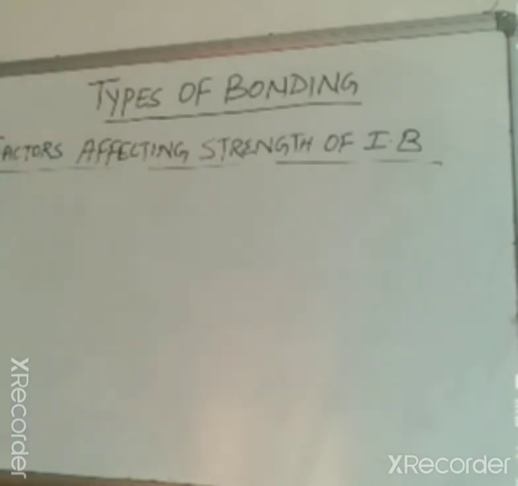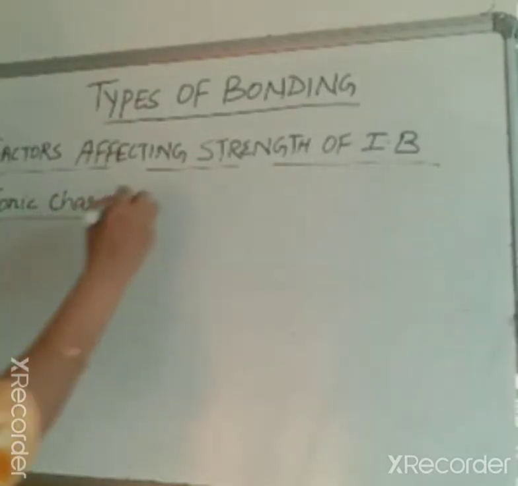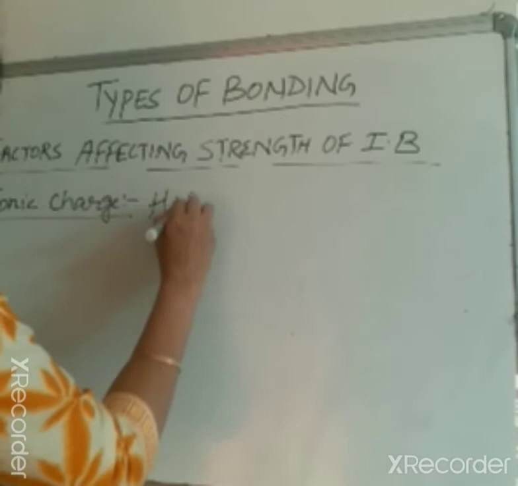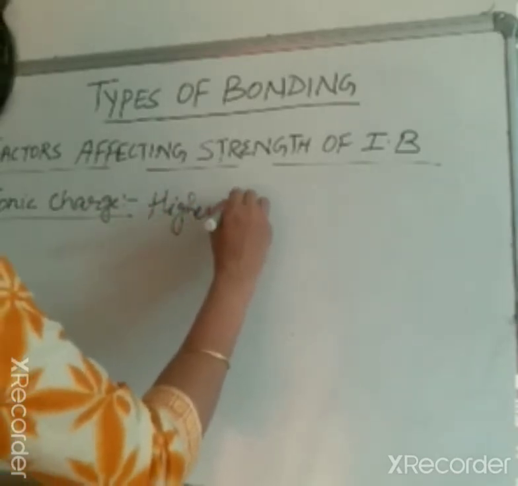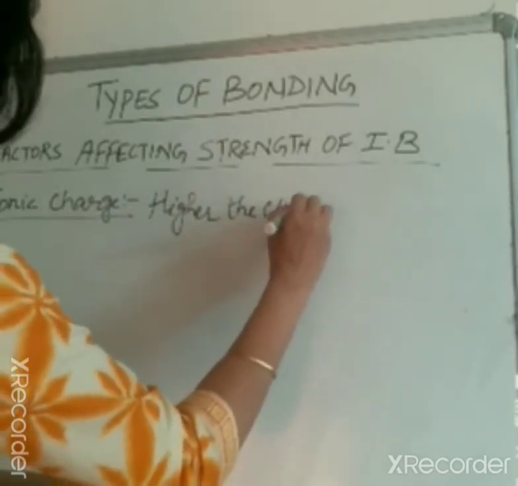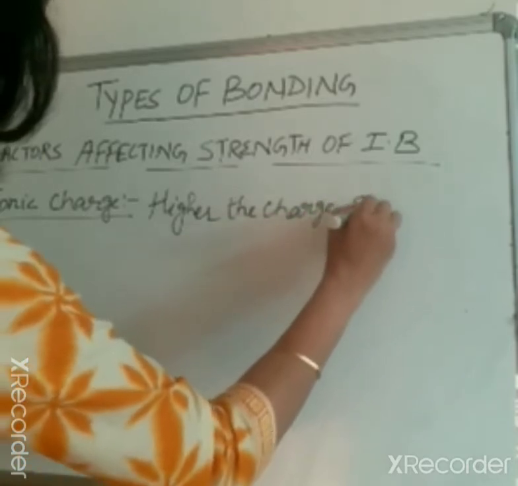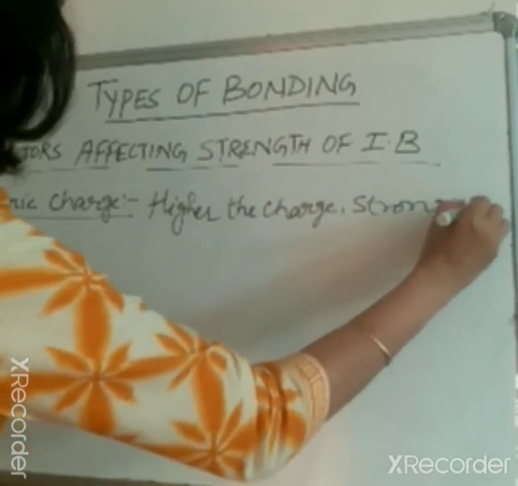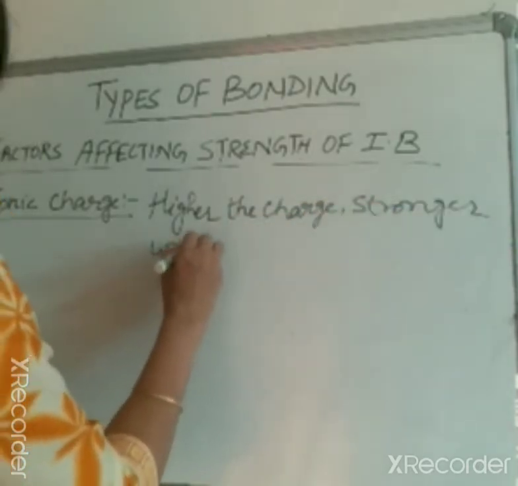First one is ionic charge. The higher the charge, the stronger will be the bond.